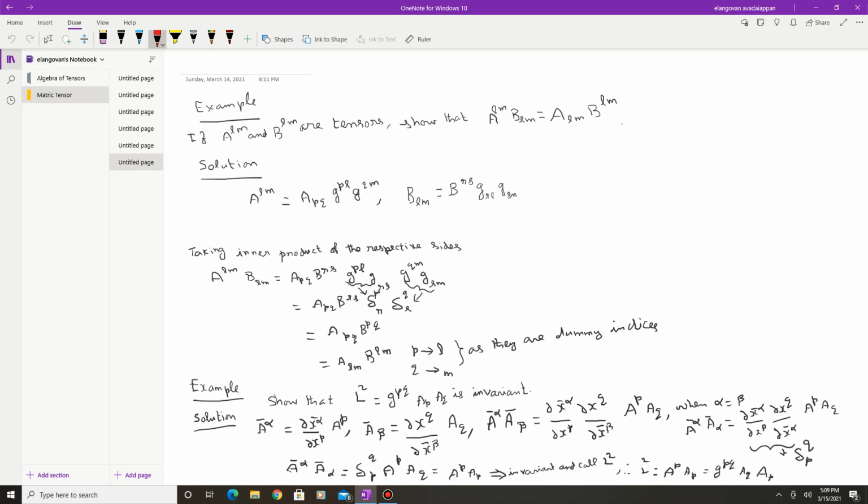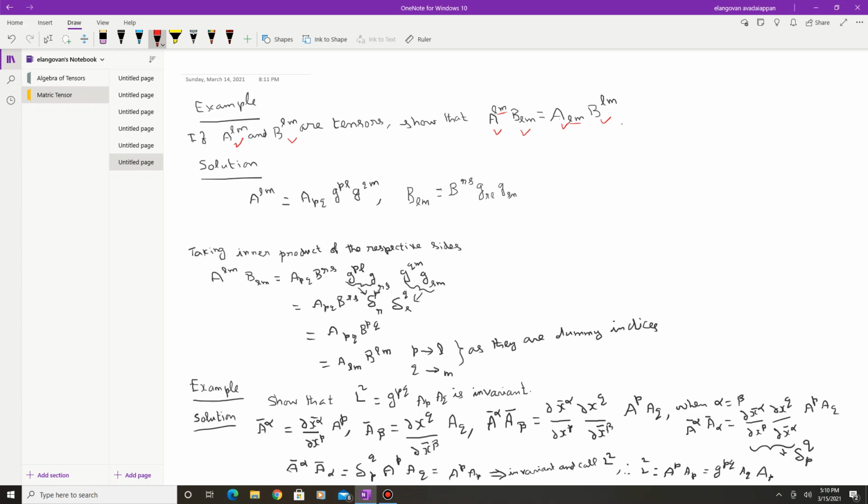Now there is a simple problem. Given that A^lm is a contravariant tensor of rank 2, and B_lm is another tensor, show that the product is a tensor. Here the index is the superscript lm, so this is a contravariant tensor.